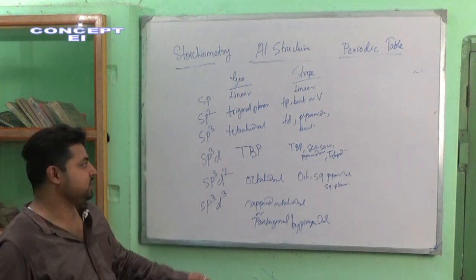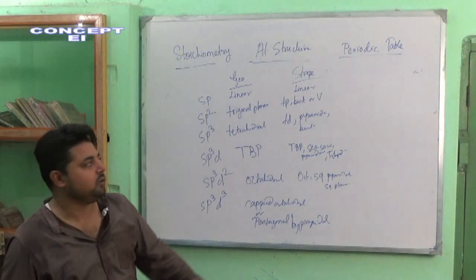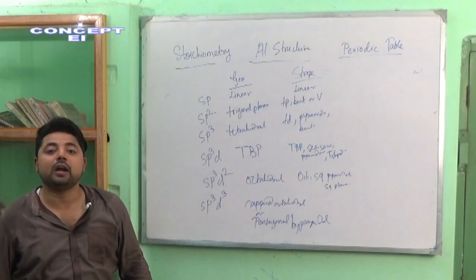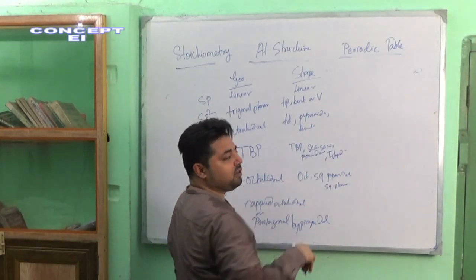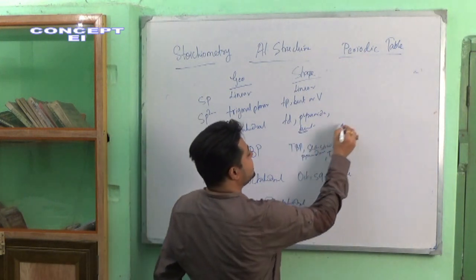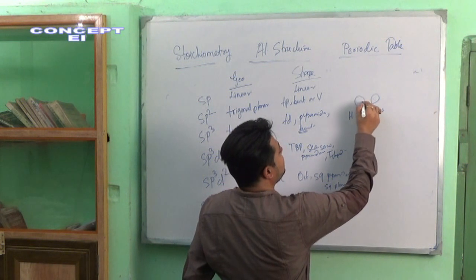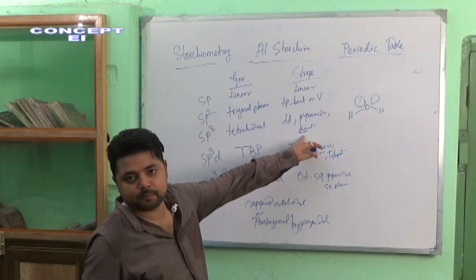Capped octahedral, you can see. So this difference in shape from the geometry comes because of only one thing. What? Don't know. See, I am giving you an example here about bent. Example, water. 2 bond pair and 2 lone pair. So it will have a bent shape.